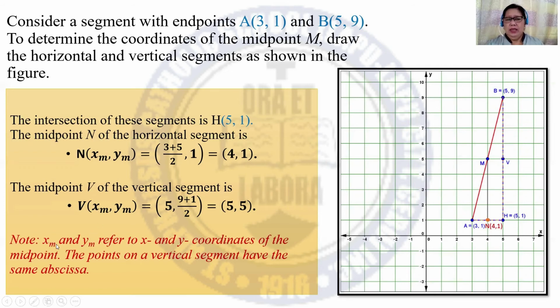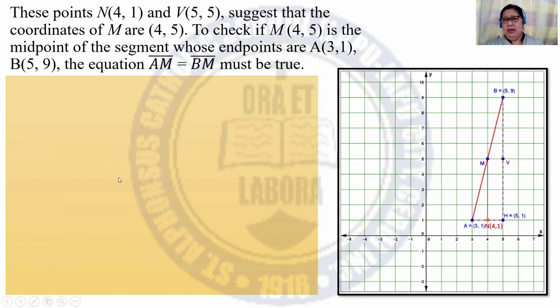Take note, x sub m and y sub m refer to the x and y coordinates of the midpoint. The points on a vertical segment have the same abscissa. These points, N with coordinates (4, 1) and V with coordinates (5, 5), suggest that the coordinates of M are (4, 5).